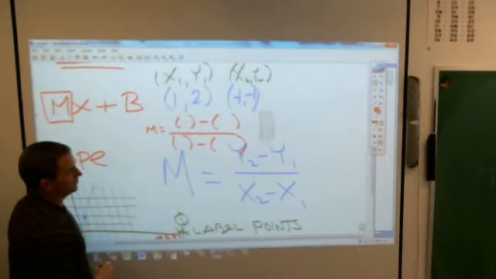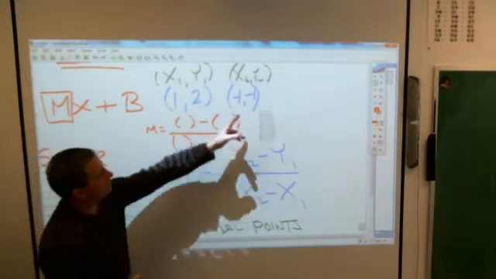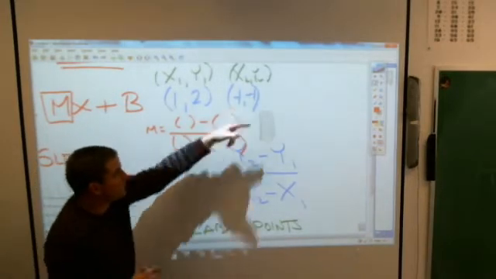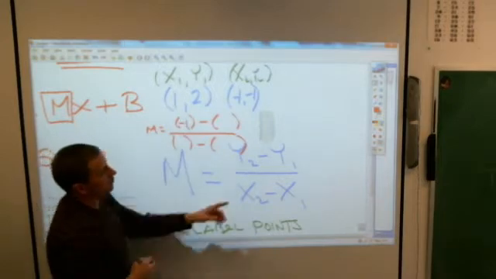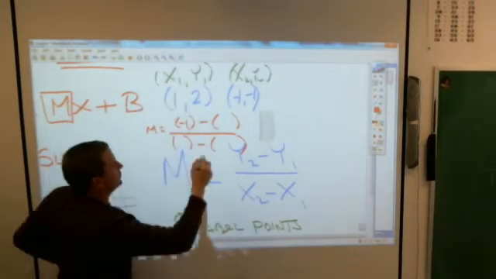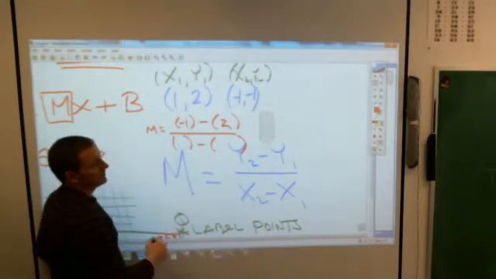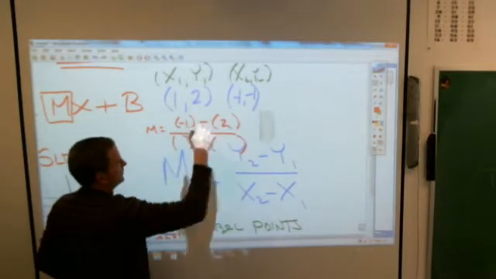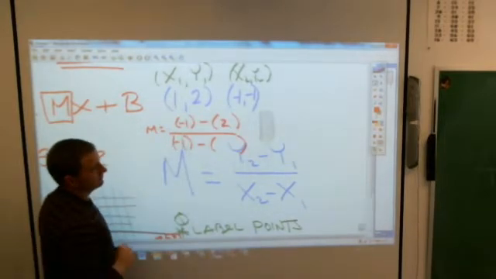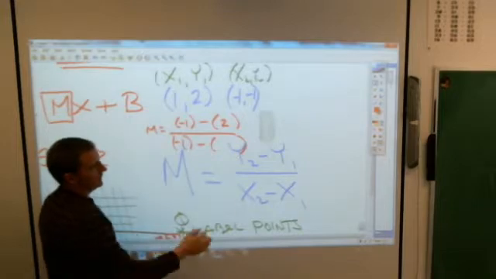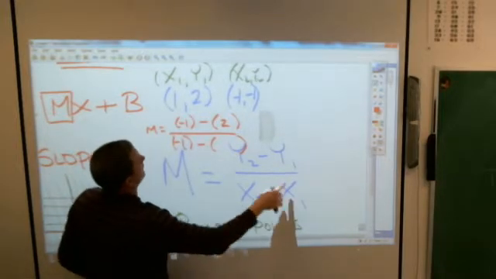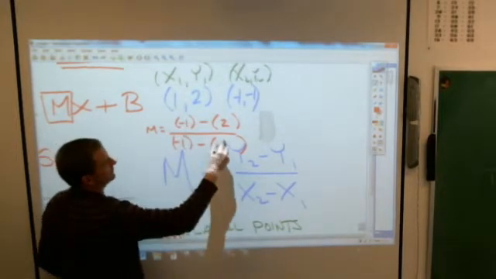And now I'll put those points in there. Y sub 2 is -1. Y sub 1, I made this one, which is 2. X sub 2 was this one, which is -1. And X sub 1 was regular 1.